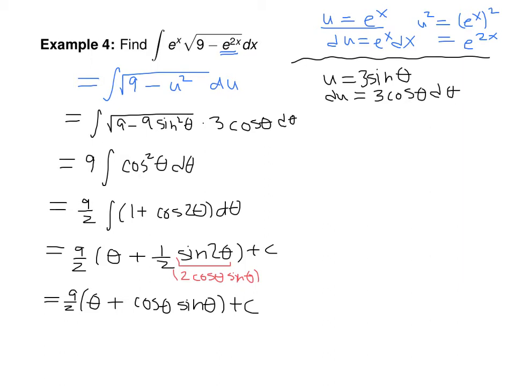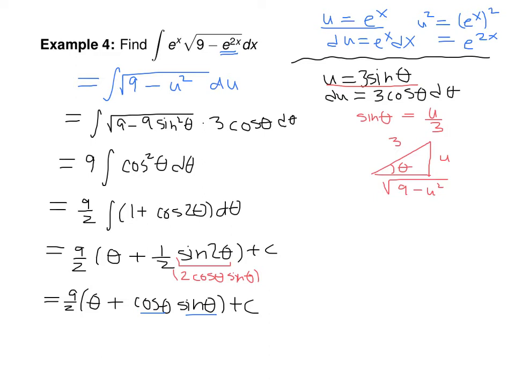Now let's determine what the cosine theta and sine theta should be. So the original substitution was u equaled 3 sine theta. So we have that sine of theta is equal to u over 3. So in my triangle, this is theta, sine is the opposite over hypotenuse, so my adjacent side is root 9 minus u squared.